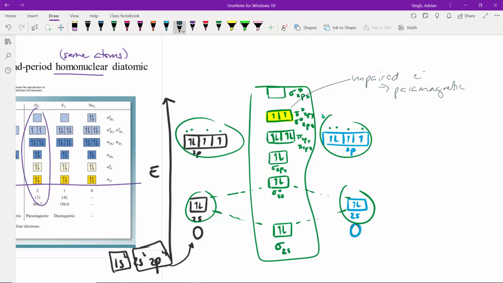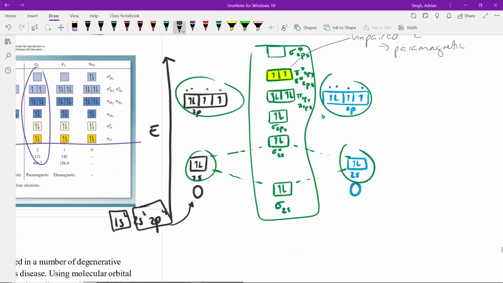What we can also do is calculate the bond order for this. The bond order, BO, is the number of electrons in the bonding orbitals, so we have 2, and 2 is 4, then 5, 6, 7, 8, so 8 in the bonding orbitals, minus the number of electrons in the anti-bonding orbitals. Those are all the stars: 2, and then 3, and then 4.